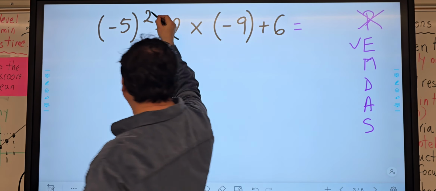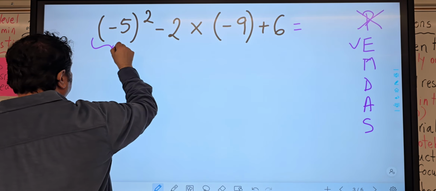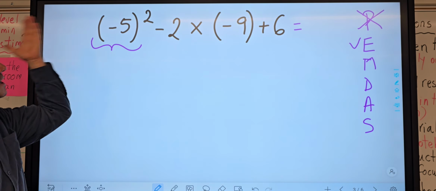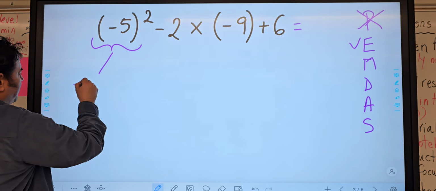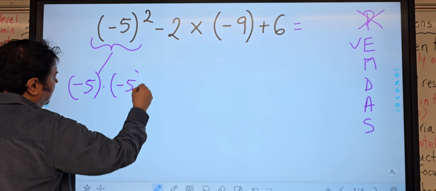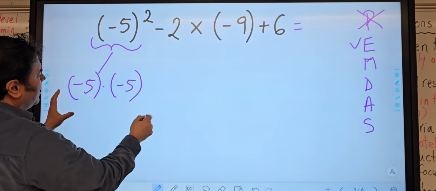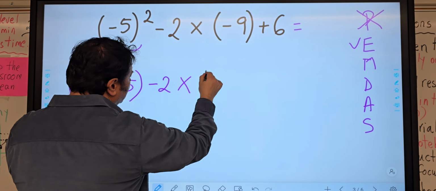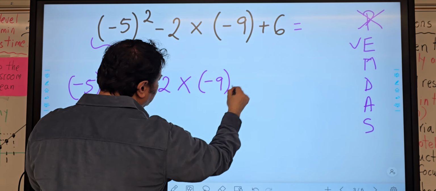We have this exponent here, negative 5 to the second power, which means, again, negative 5 times negative 5. That's the first one we're going to solve. And then we're going to have minus 2 times negative 9 and then plus 6.